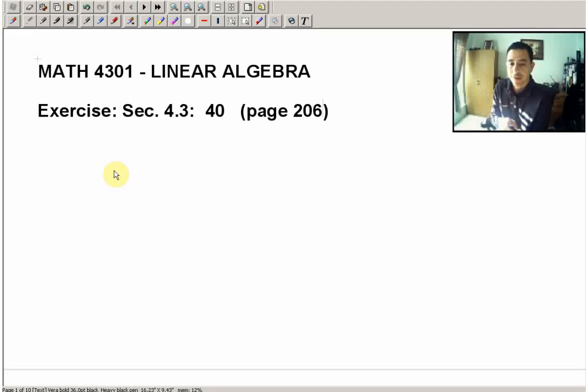Now, we studied that before in section 4.4, but this is an exercise from section 4.3. In section 4.4, we study this kind of set. That's the span. It's the span of vectors. So those are the three vectors. The span is all possible linear combinations of those vectors.